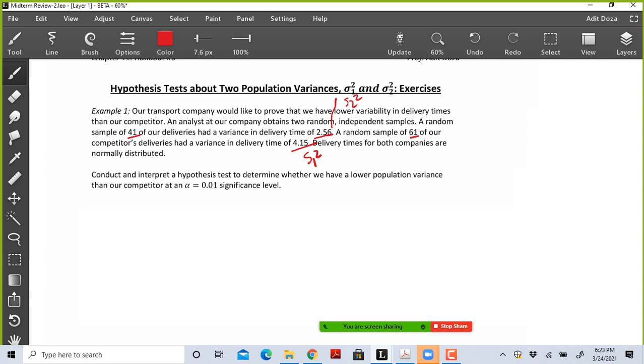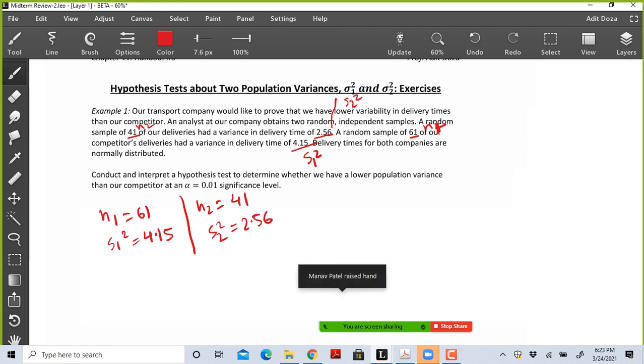Then the smaller one sample would be N2, and the larger one's variance is N1. So let's actually write it down properly here. So N1 is 61, S1 square equals the larger variance 4.15, N2 is 41, S2 square is the smaller variance 2.56. Okay, don't get confused here.